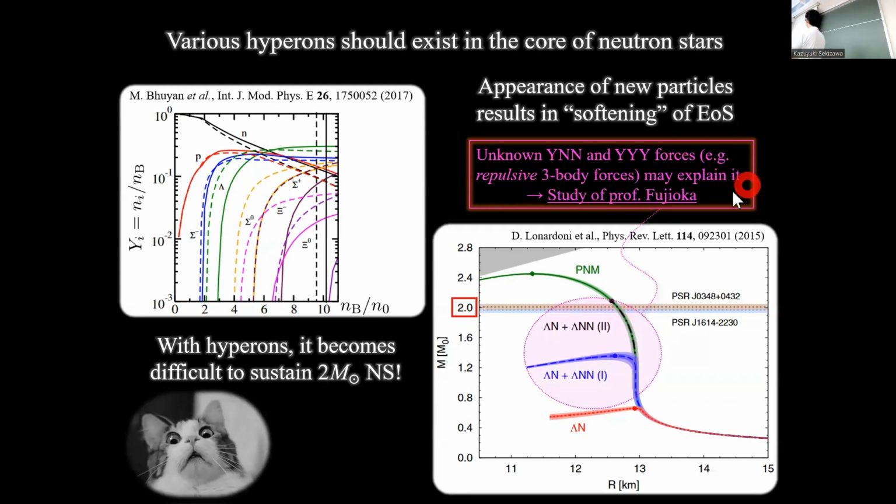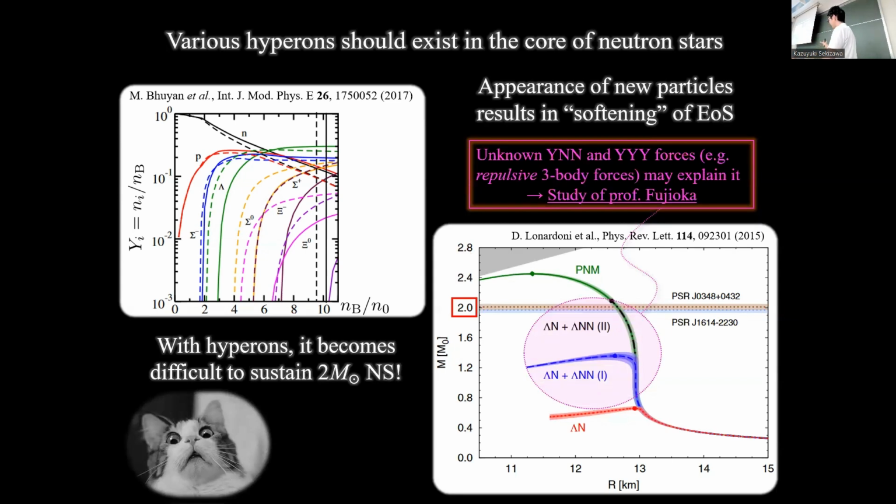And one should, for instance, study the forces, the interaction between hyperons and nucleons, like the 3-body force, which was discussed probably by Sekiguchi-san in the first part of the lecture. We know that the 3-body nuclear force between 3 nucleons is important.